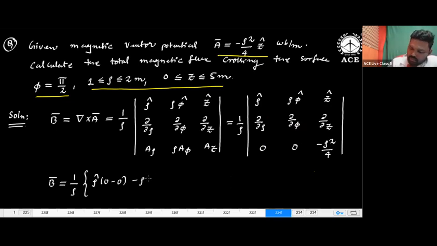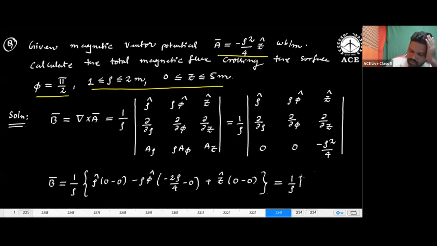So here it is phi cap into rho into minus 2 rho by 4 minus 0 plus z cap into 0 minus 0. Clear, beta? So what happens to this one? Here it is 1 by rho into rho square by 2 into phi cap.